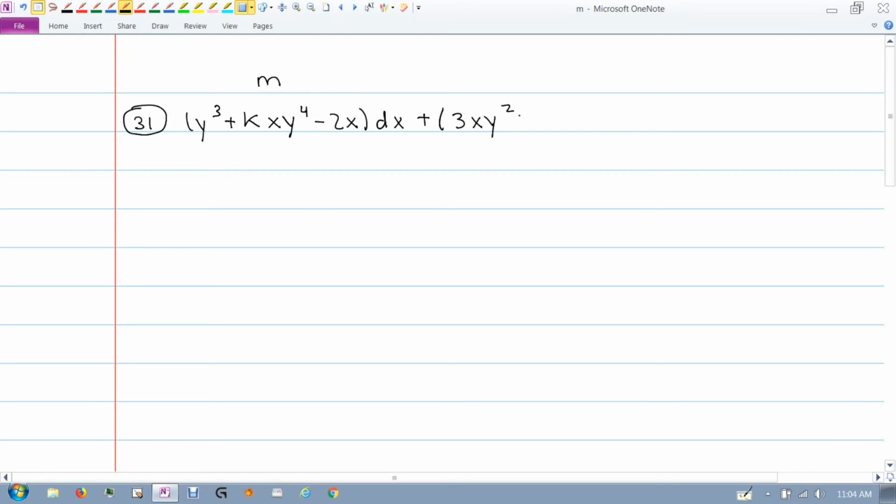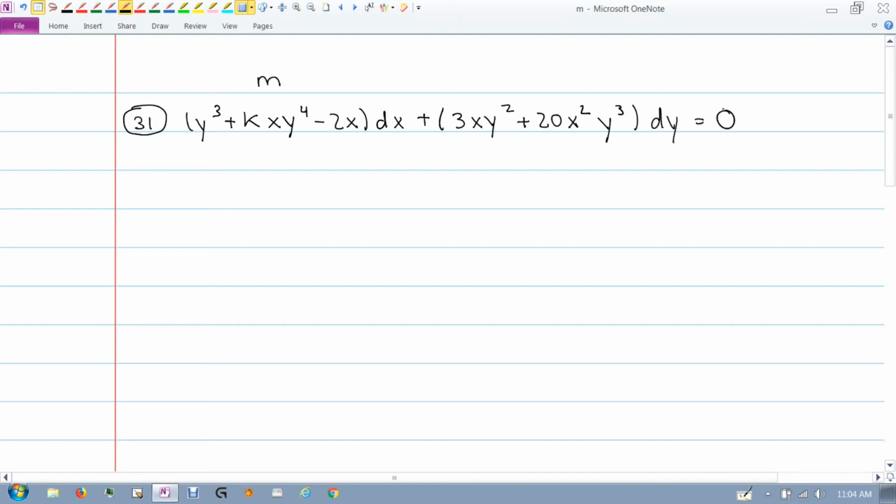Okay, going to be working on number 31, and again we switch gears. Slightly different problem. We have y cubed plus kxy to the 4th, and then minus 2x dx, so this is our M, and then plus, in parentheses, 3xy squared plus 20x squared y cubed dy equals 0.